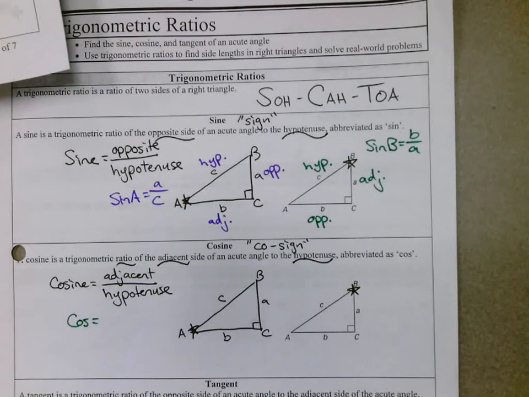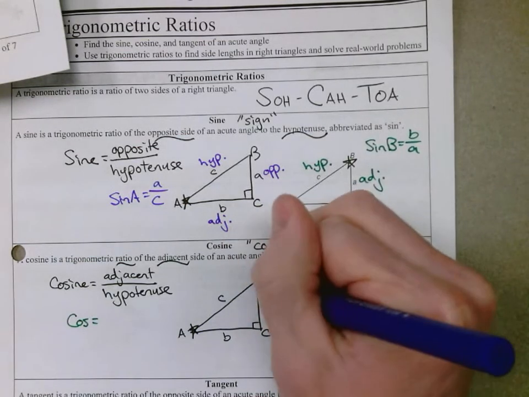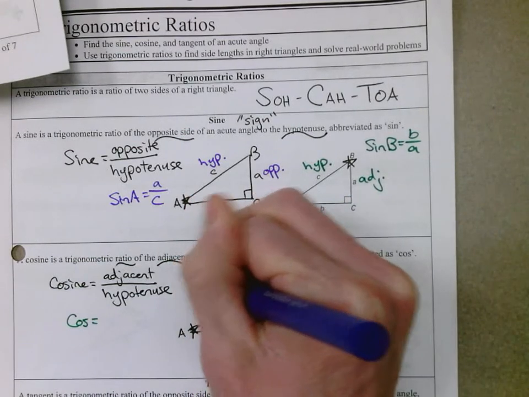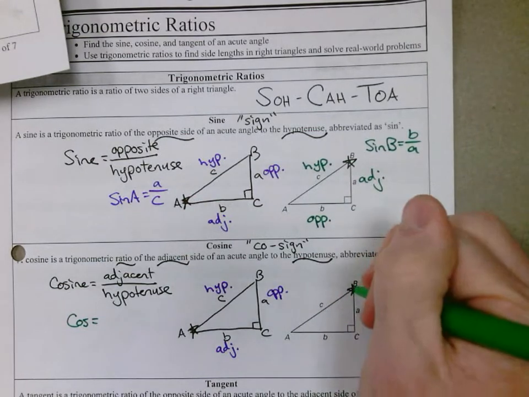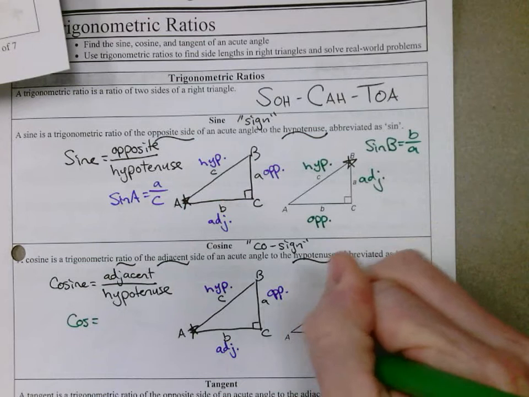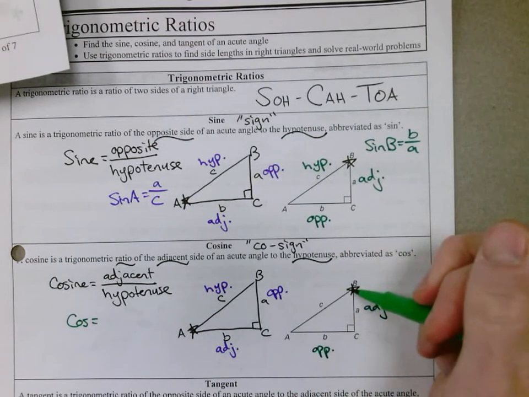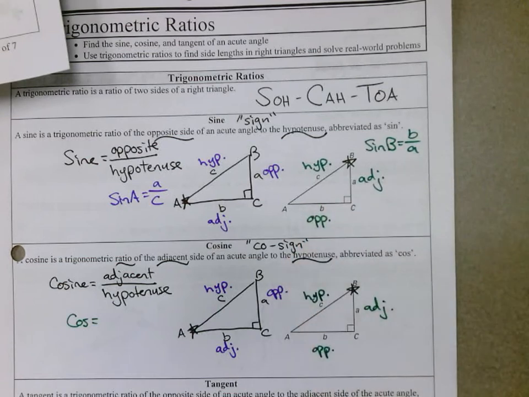So when it comes to the triangle on the left, if we are looking from angle A, remember this would be our opposite, this would be our adjacent, and this would be our hypotenuse. From angle B, this is our opposite, this is our adjacent. Those switch from having a different viewpoint, and this is still the hypotenuse.